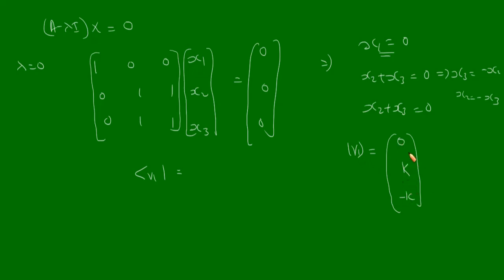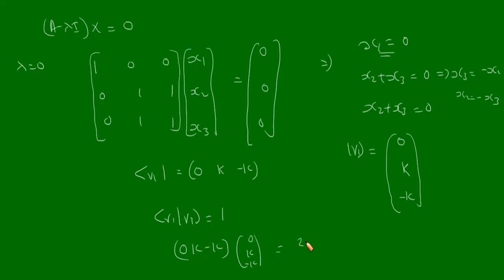Now we can normalize this thing. This is ket R1, and if you write the bra R1, you have to take the transpose, 0 k minus k. So normalization, this will be equal to 1. So you have 0 k minus k into 0 k minus k. So this will be equal to 0 plus k square plus k square. Minus k into minus k, again k square.